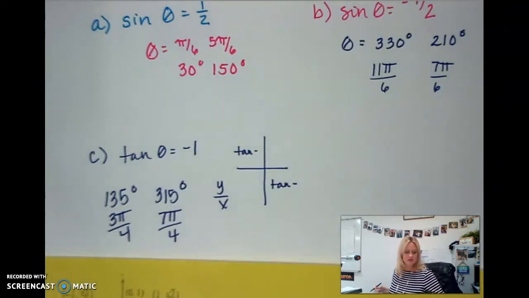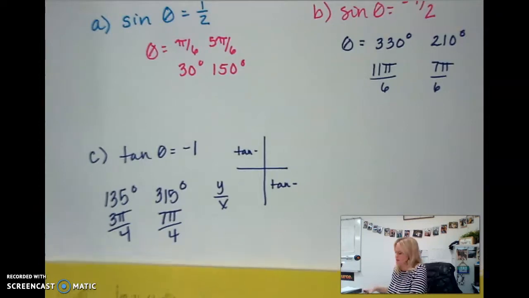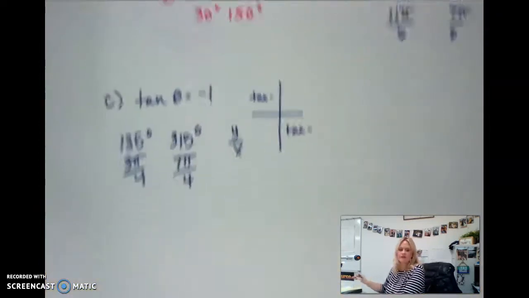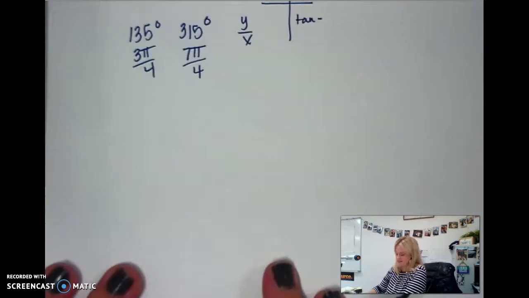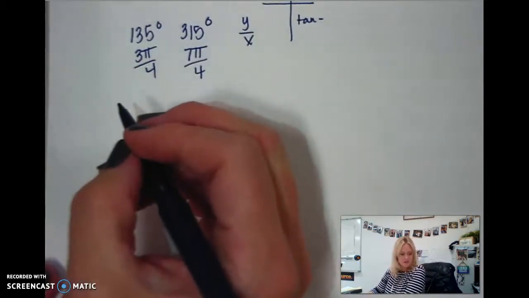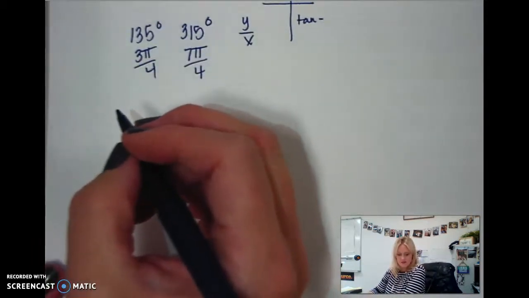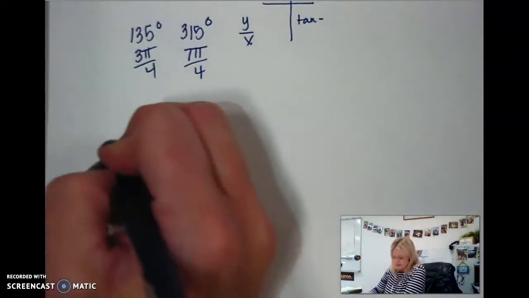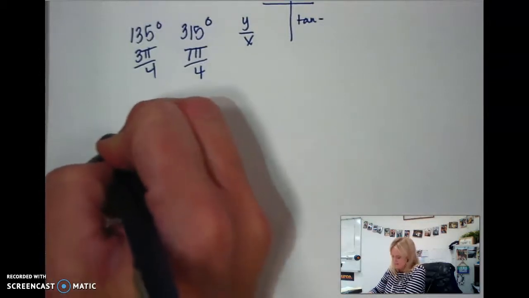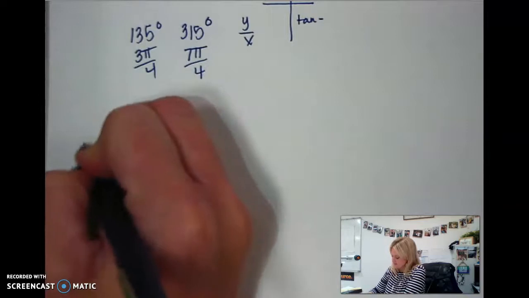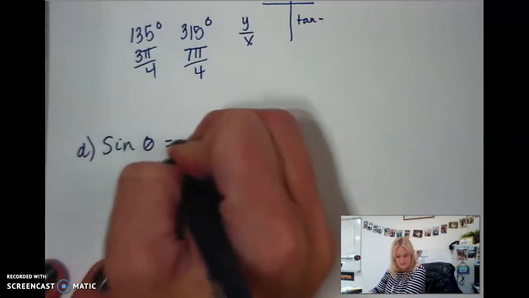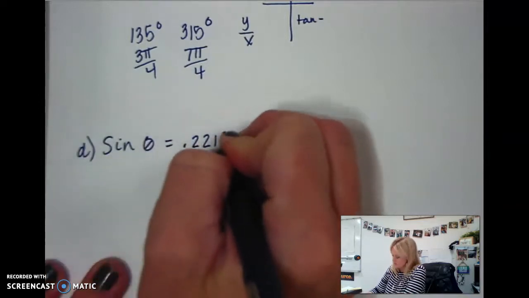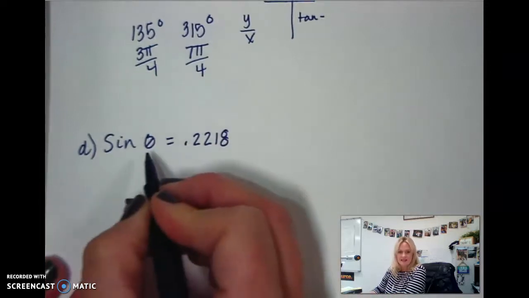Using the unit circle. Well, what if we don't always have something that's on the unit circle? How do we find the answer to theta thinking backwards? Well, you should know this already, but if you don't, if I gave you the sine of theta equals 0.2218, what is the angle?